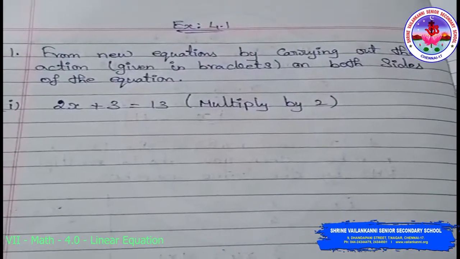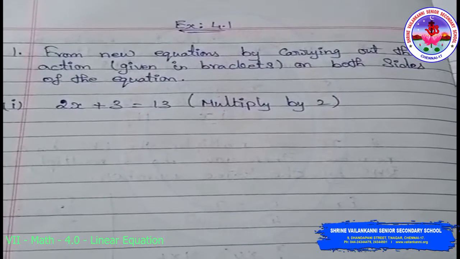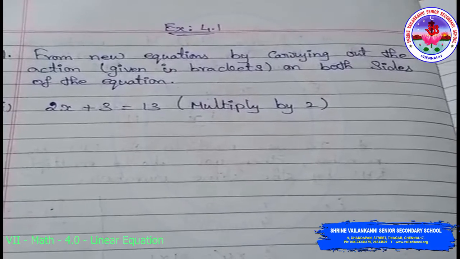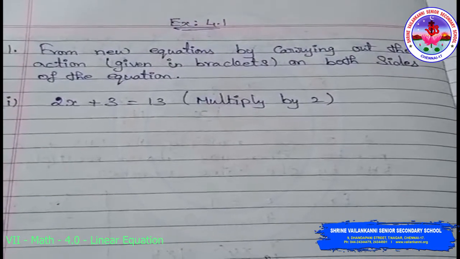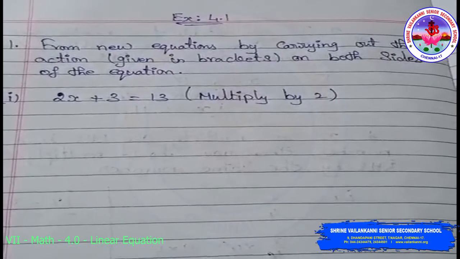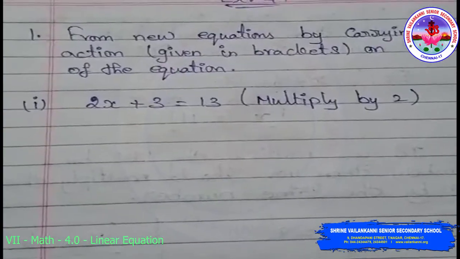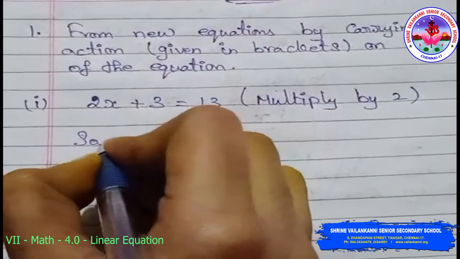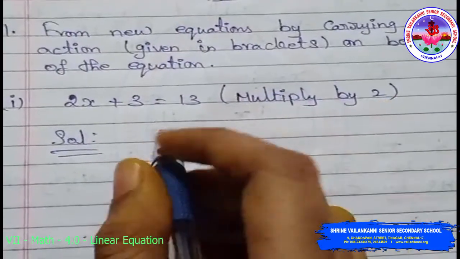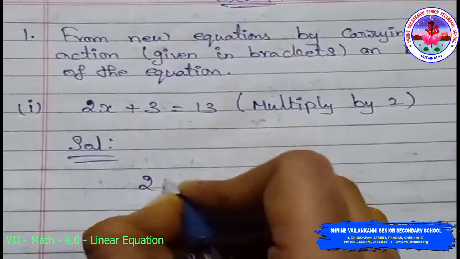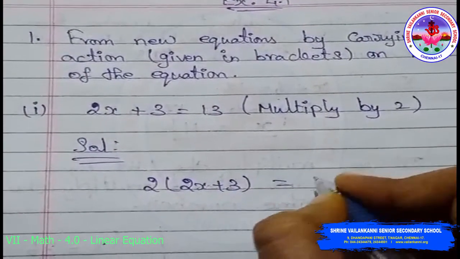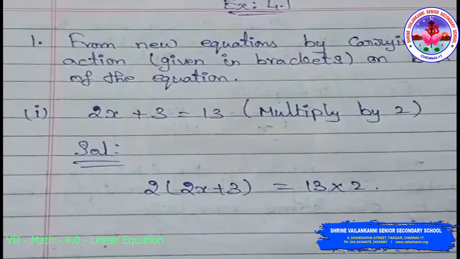Exercise 4.1. First question. Form a new equation by carrying out the actions given in brackets on both sides of the equation. The question is 2x plus 3 is equal to 13. Multiply by 2. Solution. Multiply by 2 on both sides. 2 into 2x plus 3 is equal to 13 into 2.